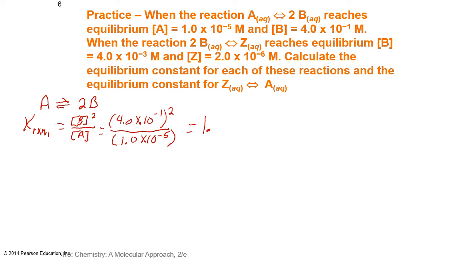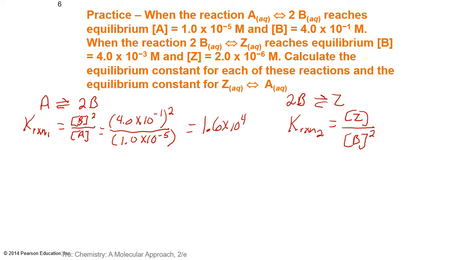So for reaction 1, we get 1.6 times 10 to the 4th, which means that the products are favored in this reaction. If we look at our second reaction, 2B giving us the product Z. Again, we have to calculate our equilibrium constant. It's going to be the concentration of Z divided by B squared.